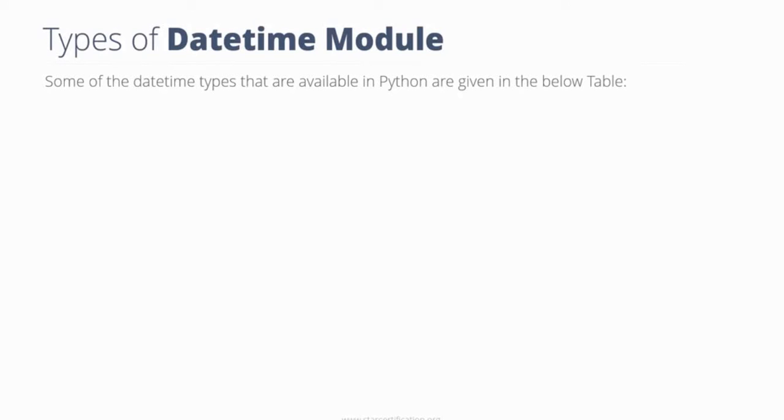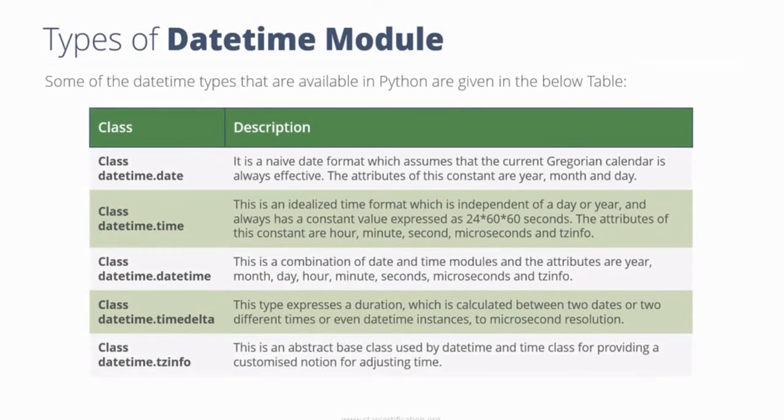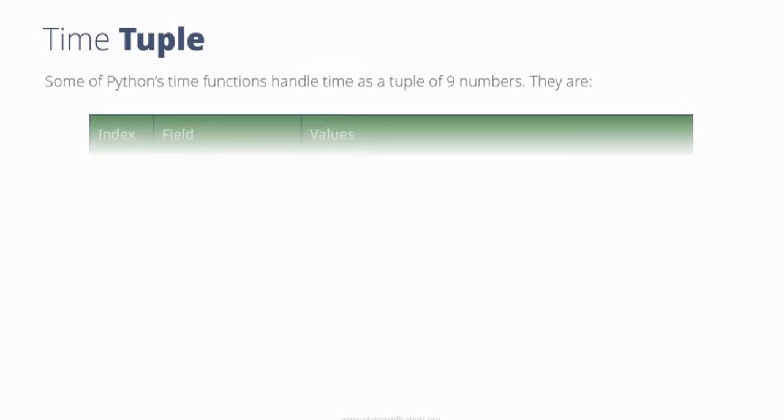Some of the datetime types that are available in Python are given in the table shown on the screen. Some of Python's time functions handle time as a tuple of 9 numbers, which are given in the table displayed on the screen.